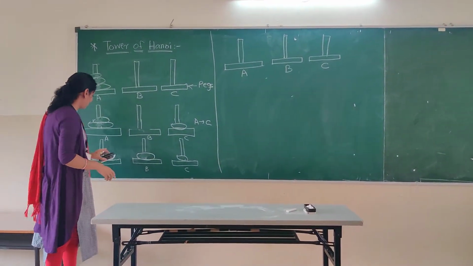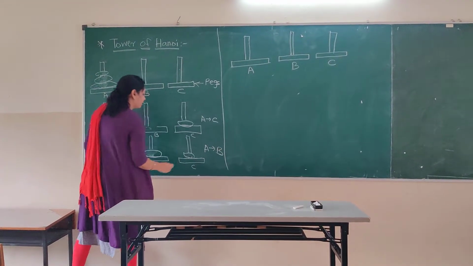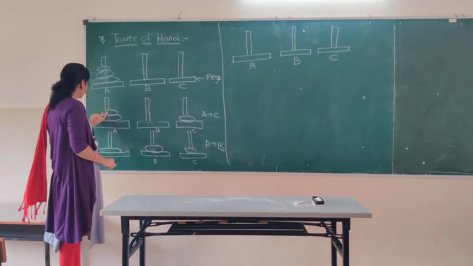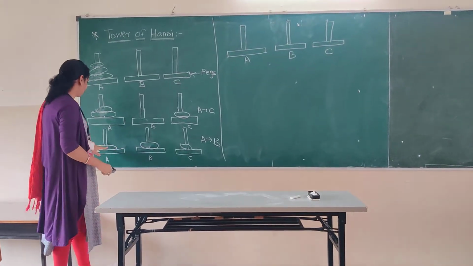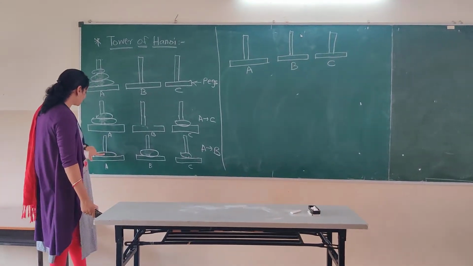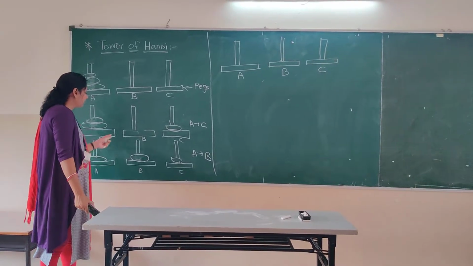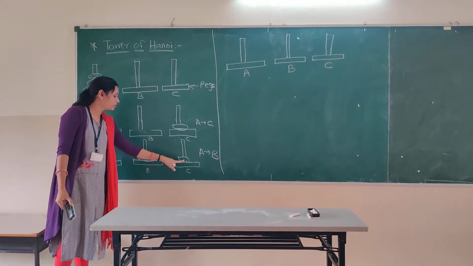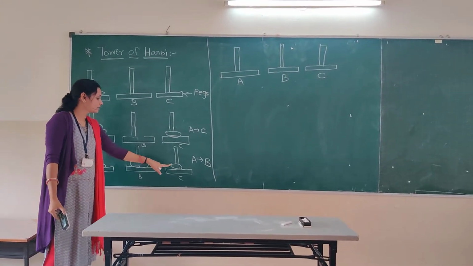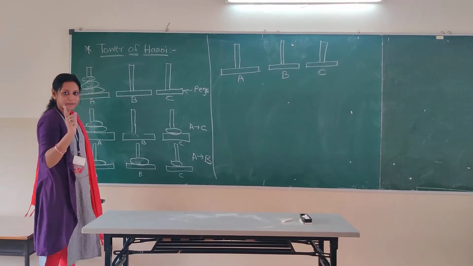So my move is A to B, because we have moved this disc to this. Now, I can't move this A to B because this is larger. We can't place larger on smaller. Same way, I can't move from B to C because this is larger, this is smaller. But I can move from C to B.